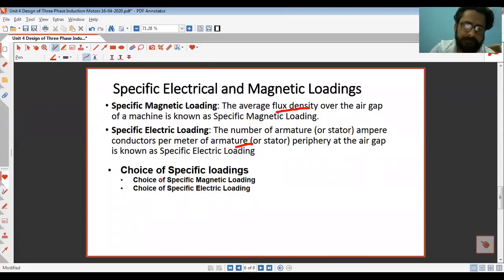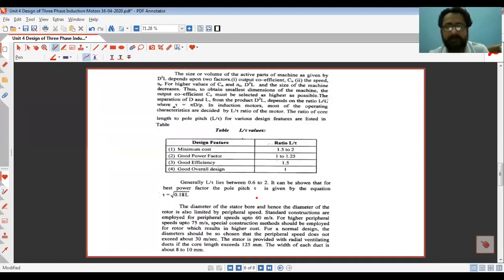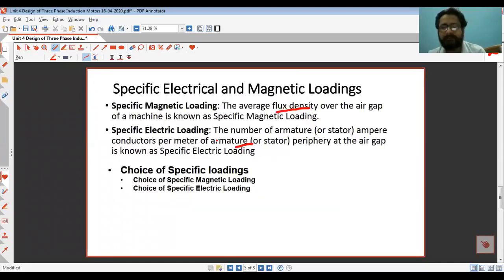Then the choice of specific loadings for an AC machine has a very important role, because as said earlier, if you want a compact machine, the value of C naught should be as high as possible, but increasing C naught means you are also increasing the specific loadings.